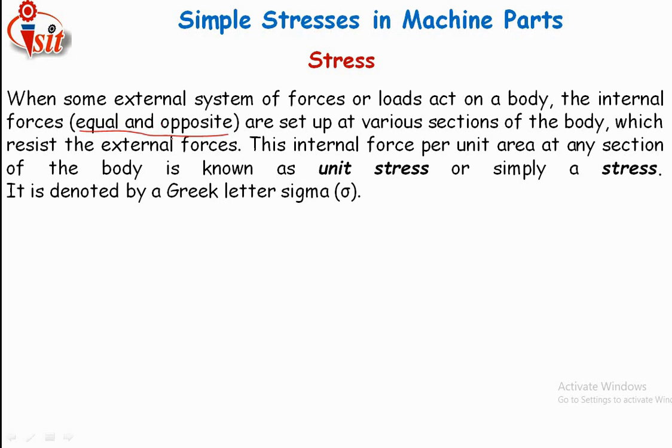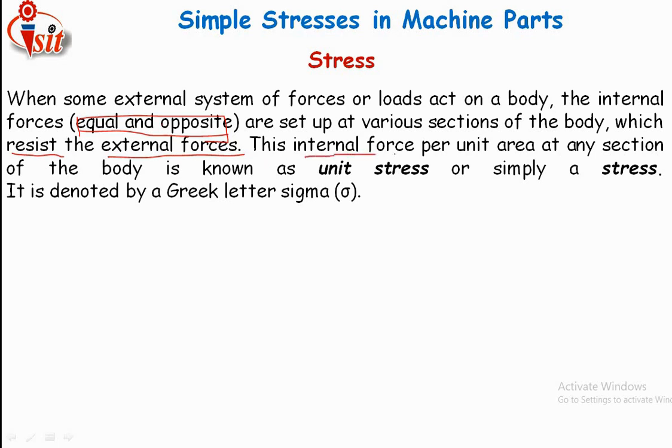That is the most important part. This internal resistance offered by the body, which is equal and opposite, is set up at various sections of the body which resist the external forces.